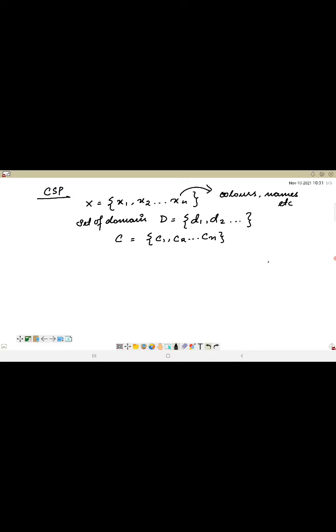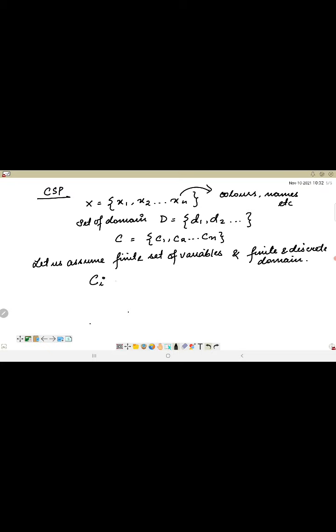If we assume a finite set of variables and a finite and discrete domain, then each constraint in a constraint satisfaction problem can be expressed as a pair, which is represented as Ci equals Si comma Ri.